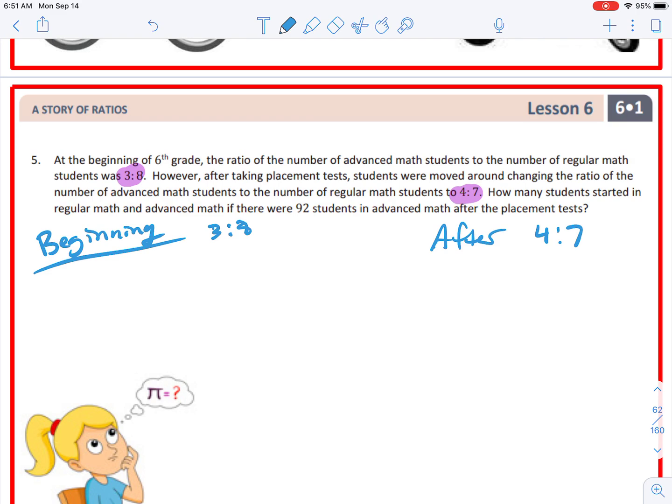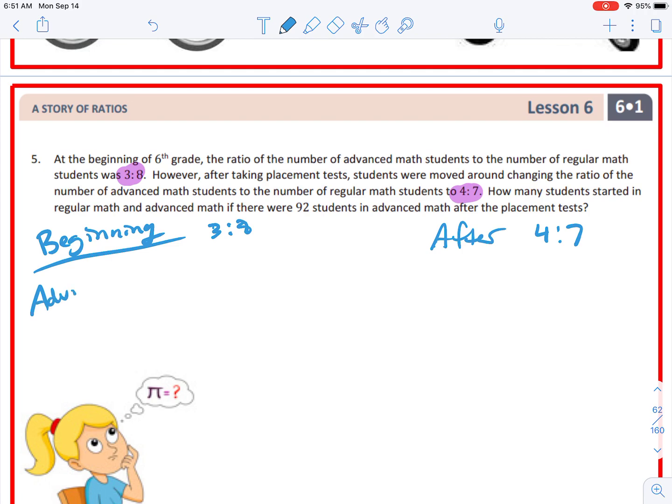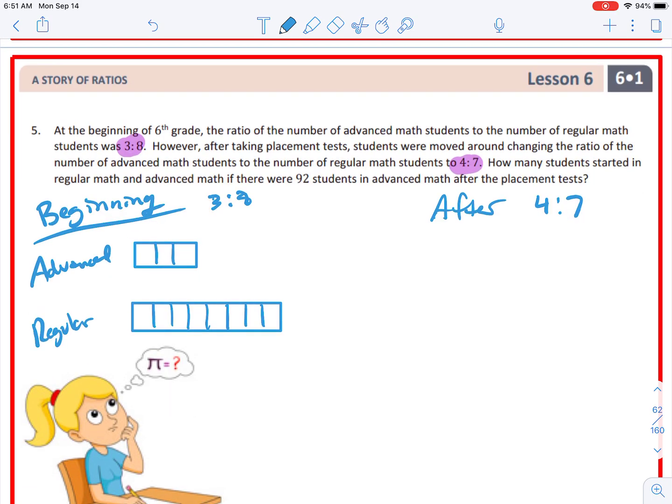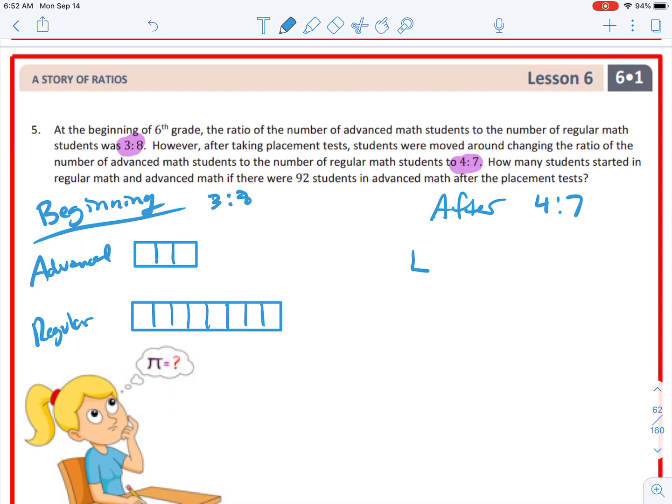How many students started in regular math and advanced math if there were 92 students in advanced math after the placements? So we have to make a tape diagram, and the ratio is advanced math to regular. So advanced, regular, 3 to 8. And then after the placement test, it was 4 to 7.